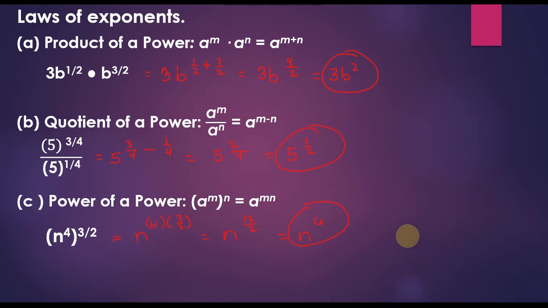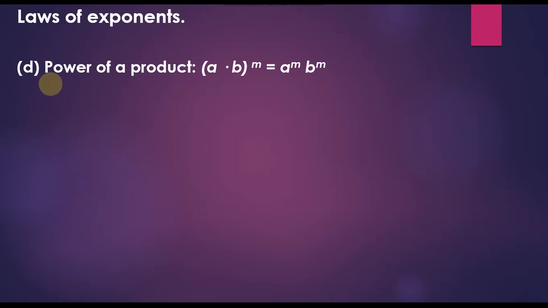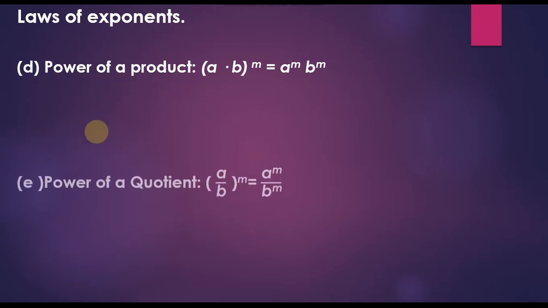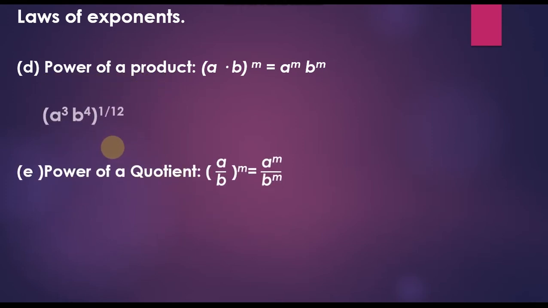Okay, let's proceed to the next laws of exponents. Now, let's go with power of a product and power of a quotient. Example for power of a product is the same as distributing this exponent outside the parenthesis to each exponent on our base.